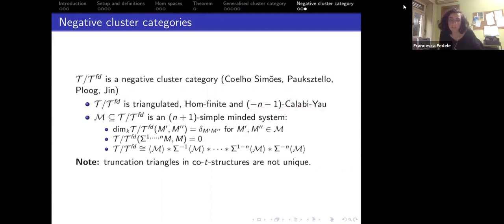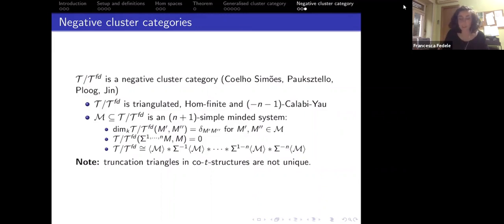And then M inside T over T^fd is a d-simple-minded system, where these simple-minded systems are basically the corresponding idea to the cluster tilting subcategories in the positive case.